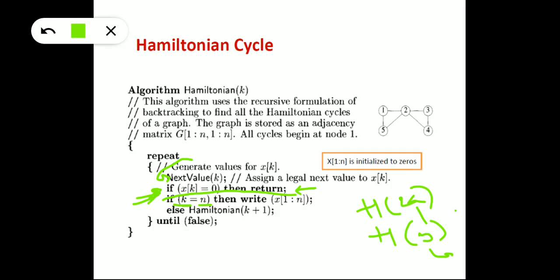In case the vertex that we have found is the last vertex in the graph, then it means that we have already found a Hamiltonian cycle. So we simply print the contents of our solution vector. Otherwise, if the vertex that we have found is not the last vertex, then we make a call to function Hamiltonian, but this time the argument would be k plus 1, that is the next vertex that is to be found.